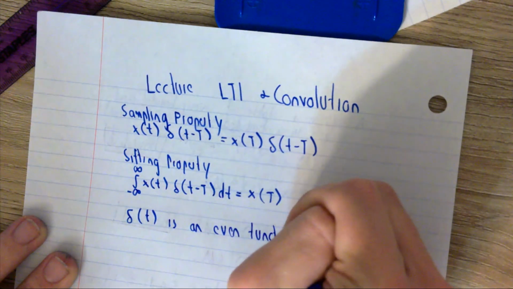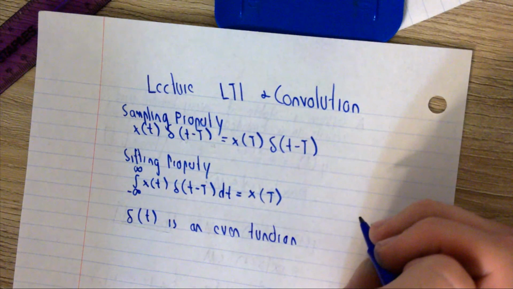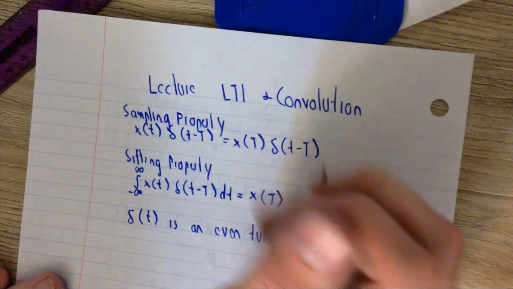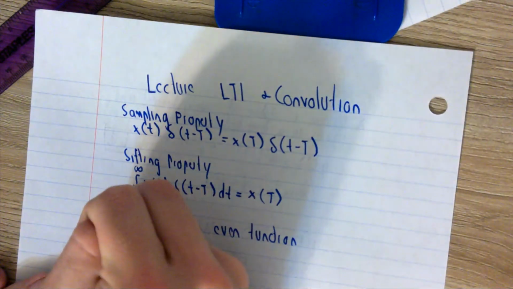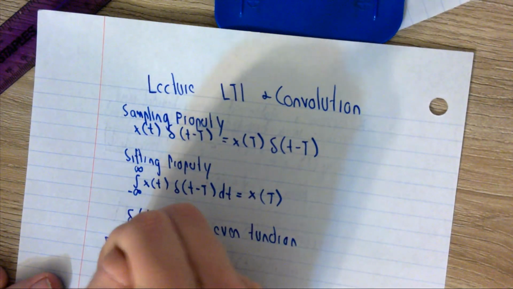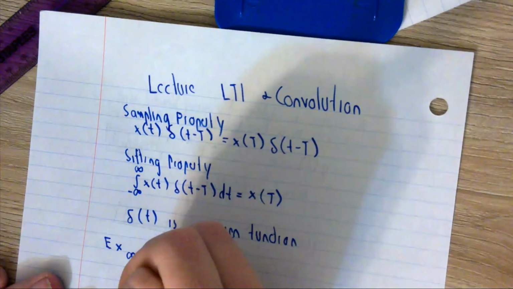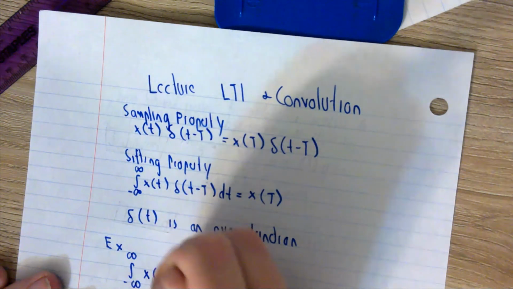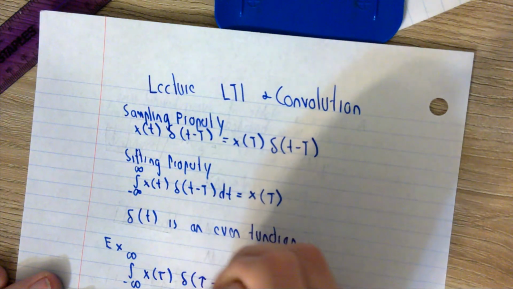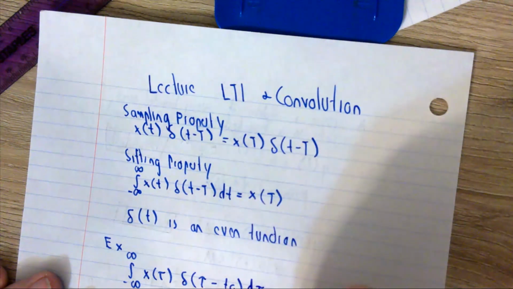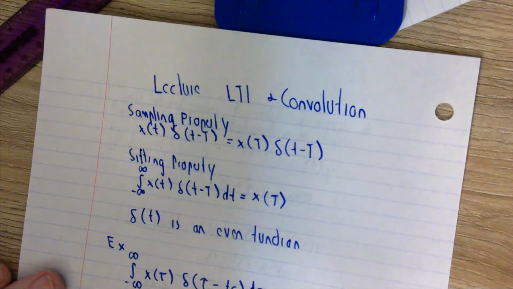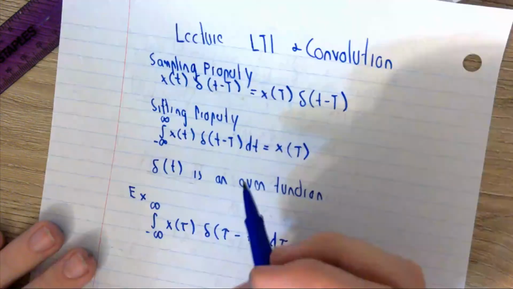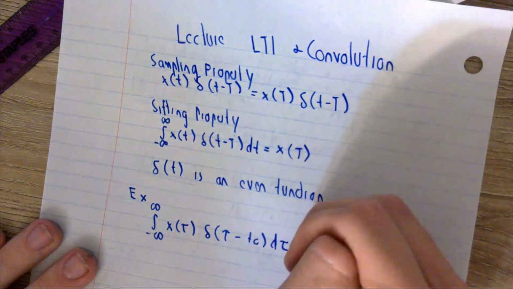And so here, let's do an example real quick. The integral from negative infinity to infinity of x of tau delta of tau minus t0 d tau. What would this be? Well, looking specifically at the sifting property, this evaluates to x of t0.